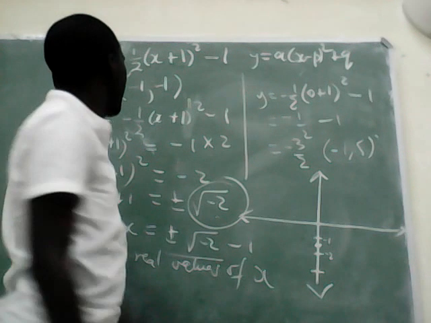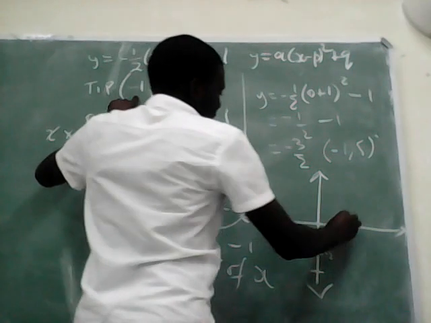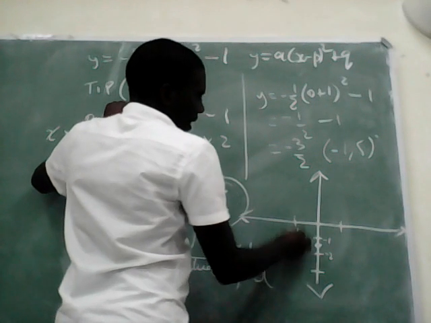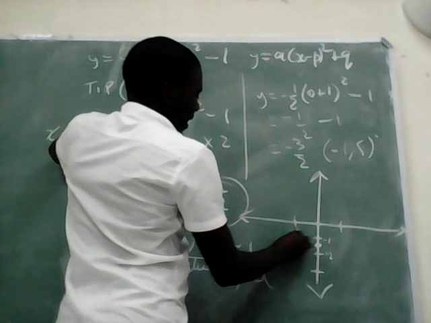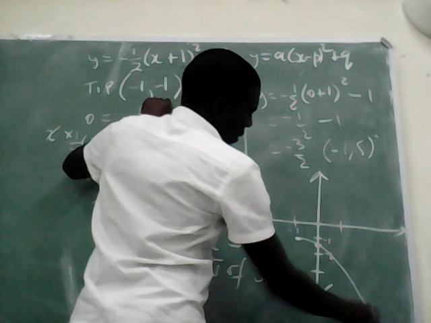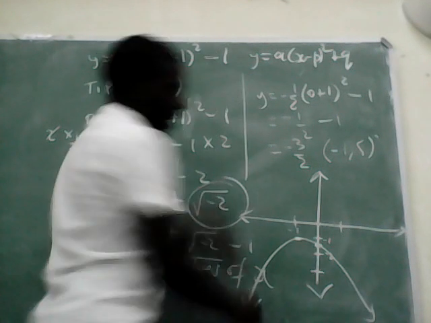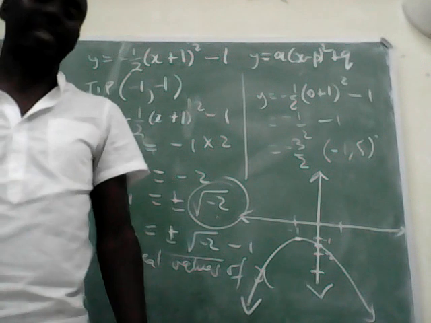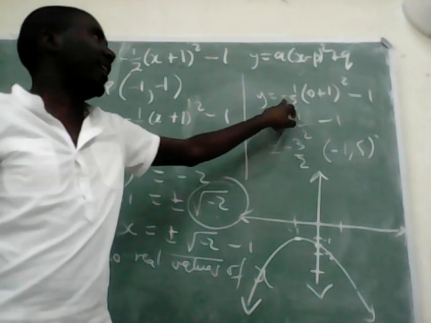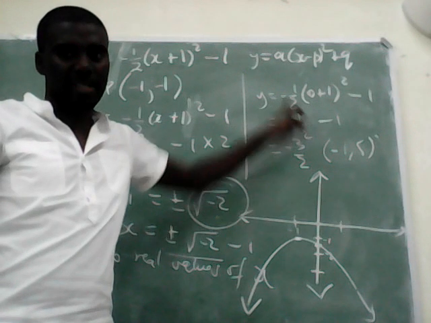And then the turning point is at minus 1 for x and minus 1 for y. They come here. So this is how our graph will look like. You can see that there are no x-intercepts and the graph is facing down since the value of a is negative.